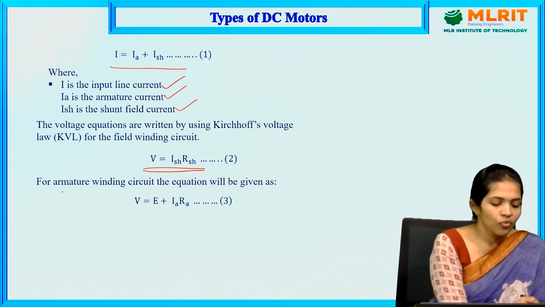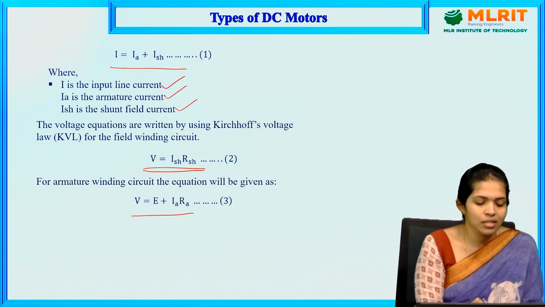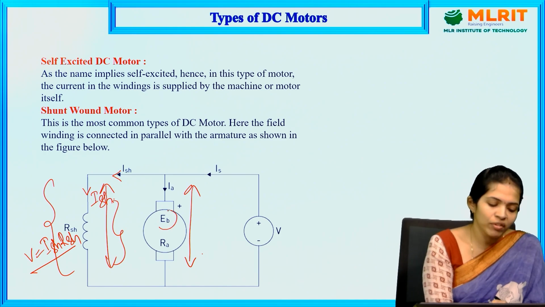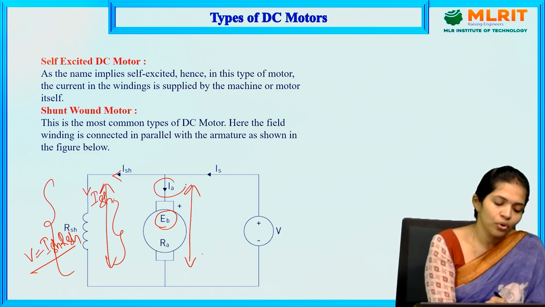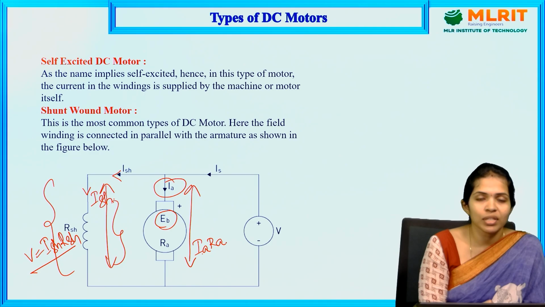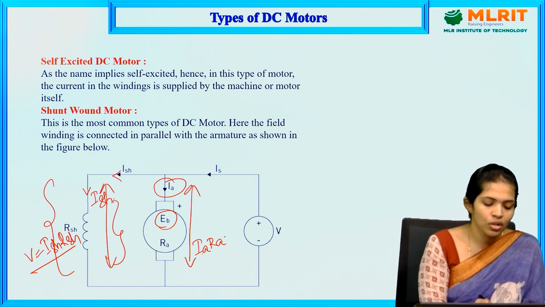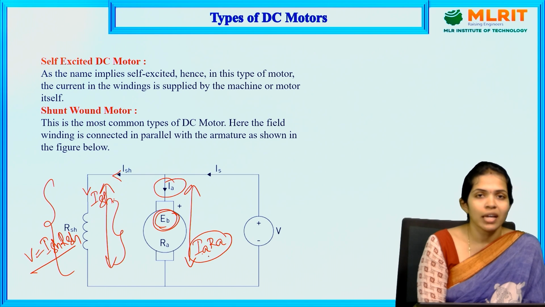The voltage equation across the armature is given as follows. We know that a back EMF is generated in the armature and also there will be a drop called the IA-RA drop, where RA is the resistance of the armature conductors. So along with back EMF, we also have the IA-RA drop.